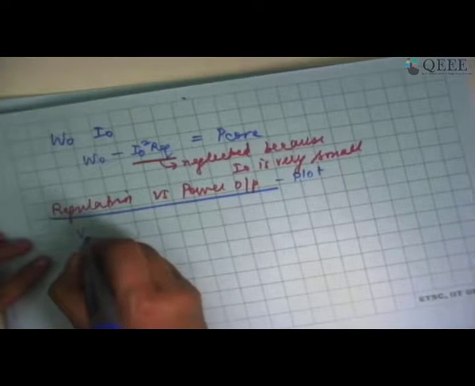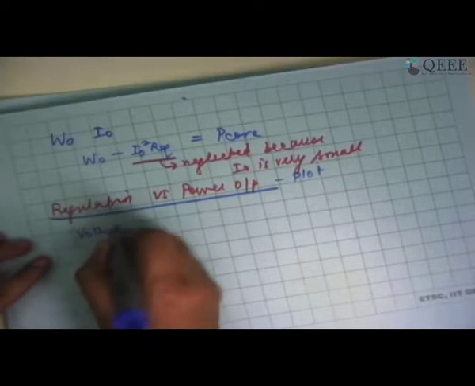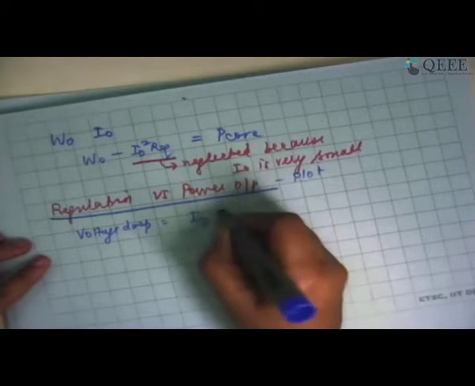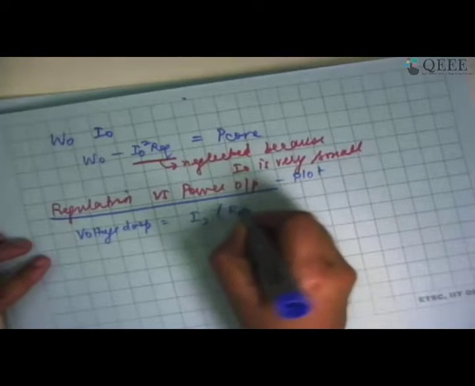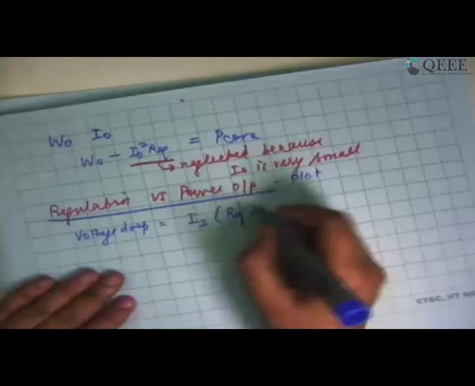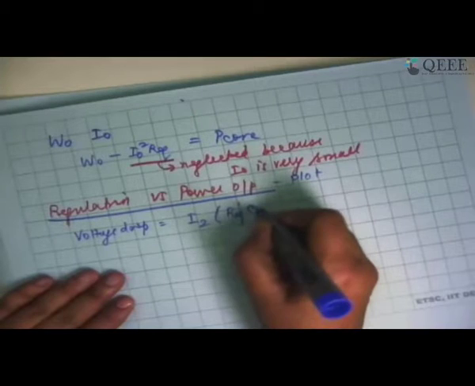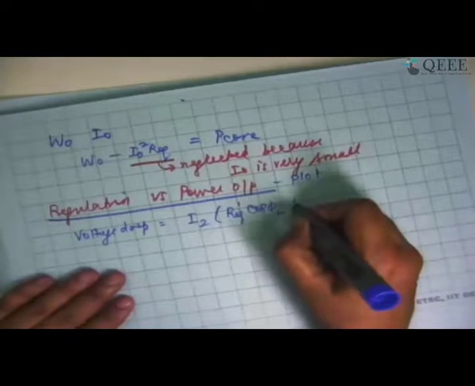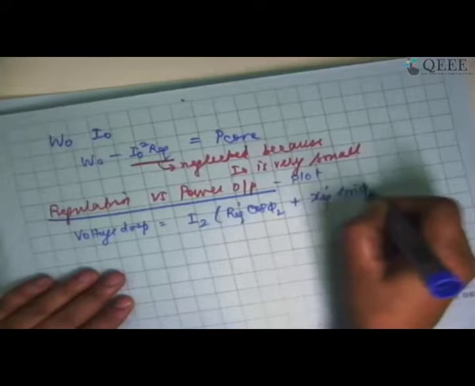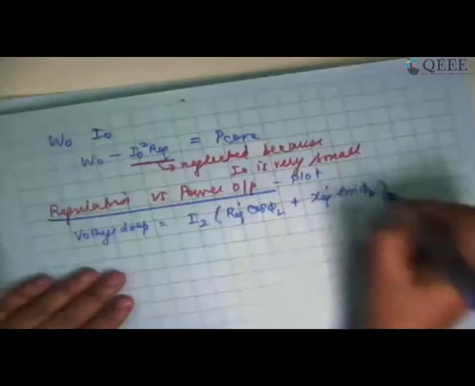So we are essentially looking at, please recall what the voltage drop expression was which we derived yesterday. It was I2 multiplied by R equivalent dash, if you want it to be calculated from the secondary side, cos phi L plus X equivalent dash sin phi L. This was our voltage drop expression.